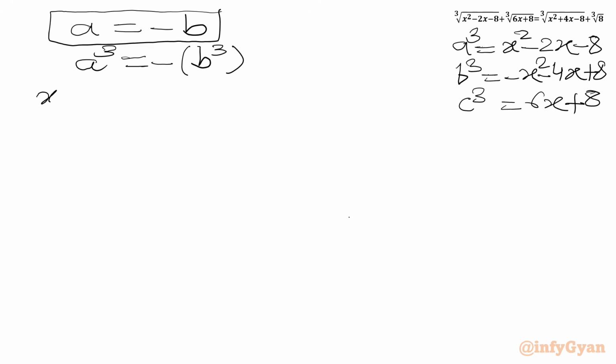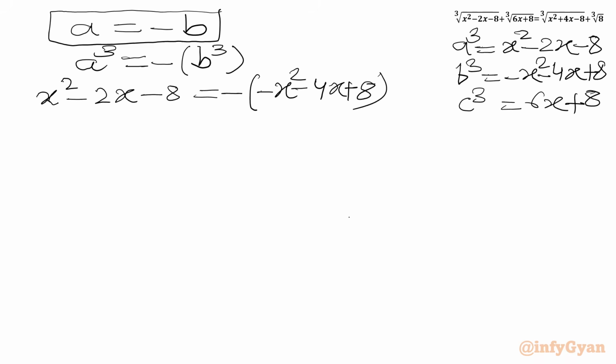I will write x square minus 2x minus 8, this is a cube, equal to minus of b cube, minus x square minus 4x plus 8. So we can write x square minus 2x minus 8 will be equal to x square plus 4x minus 8.